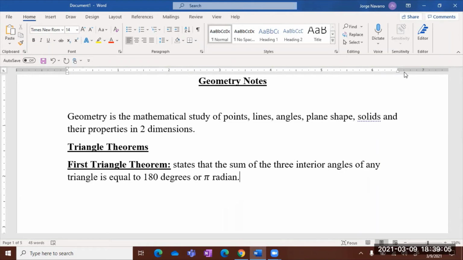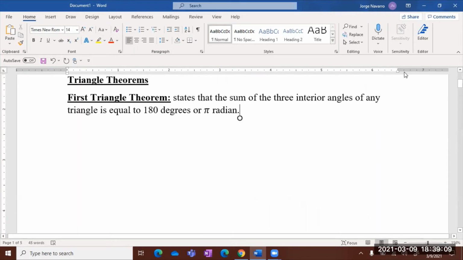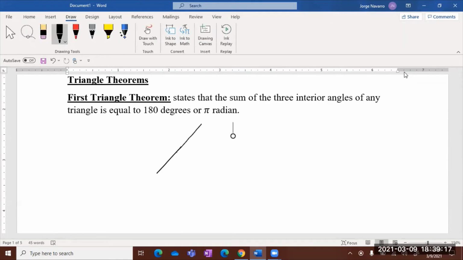Now the drawing that goes along with this theorem is supposed to be relatively obvious. We draw a triangle.